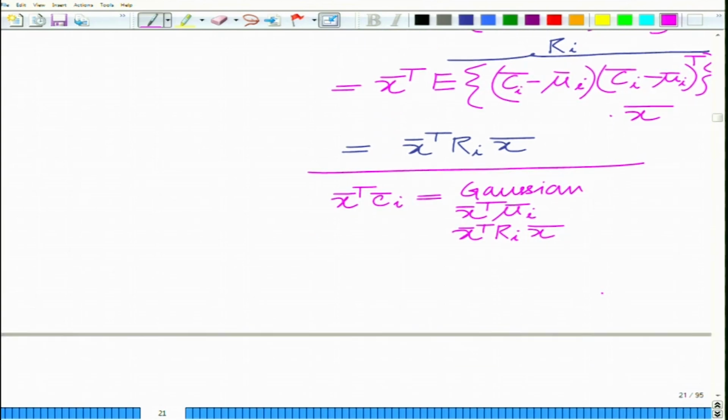Okay. Now remember, our constraint involves a probability. So let us find the probability that x bar transpose C bar I is less than or equal to di, since x bar transpose C bar I is Gaussian. Alright, let us go back to the constraint and simplify.